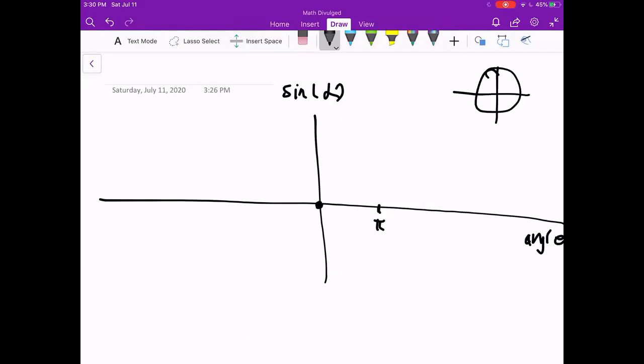So at 0 degrees, it's 0. And at pi, it's also 0. So when will it be equal to not 0? Well, basically when it's at pi over 2, it's equal to 1. So we can denote this value up here as 1. This is pi over 2. And so far we have these 3 points.